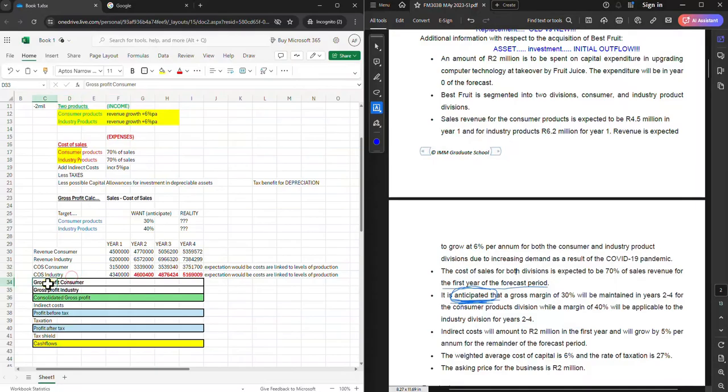So we've covered that. But gross profit. How do you calculate gross profit? Do you know? Yes, I do. You sum up all the revenue, right? And you minus all the costs, right? Give me 1 second. I want to open up that page in my notes. Revenue minus cost of sales. Yeah, sales minus cost of sales.